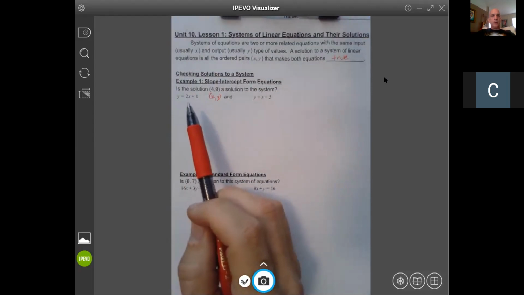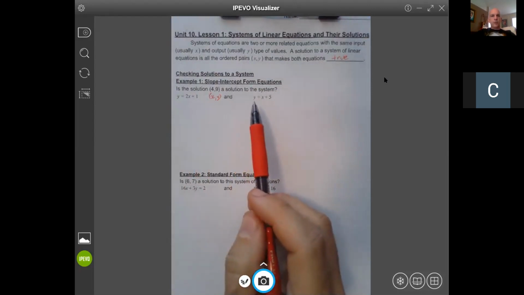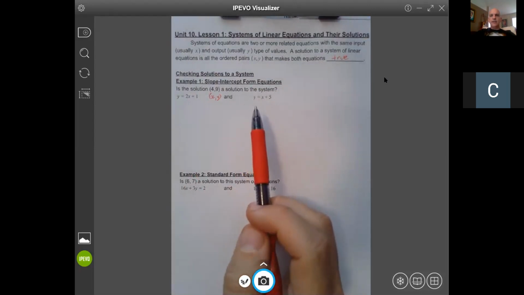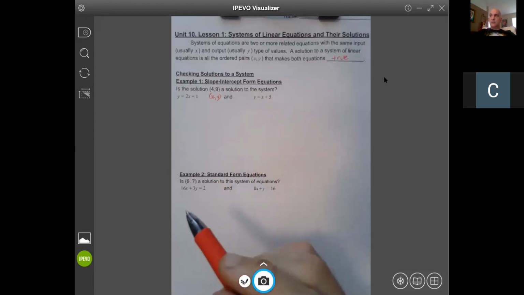Will it say 9 equals 9 in the end is what we want to find out. Same thing over here. We'll replace x with 4 and y with 9 and see if it's actually a true equation. If the numbers are not equal to each other at the end, then we would simply say that no, this is not the solution to this system.